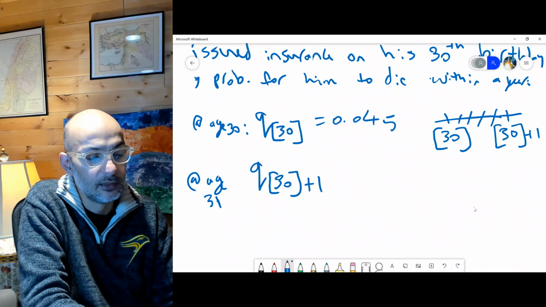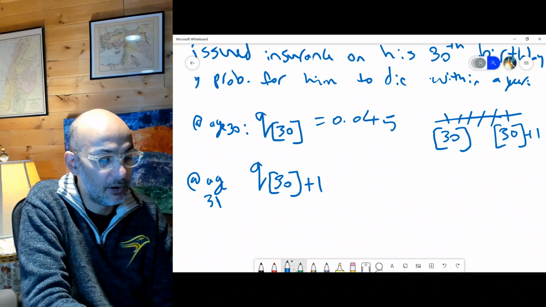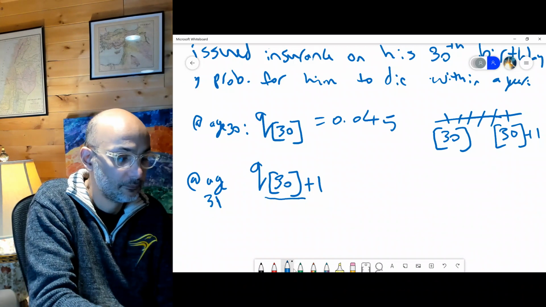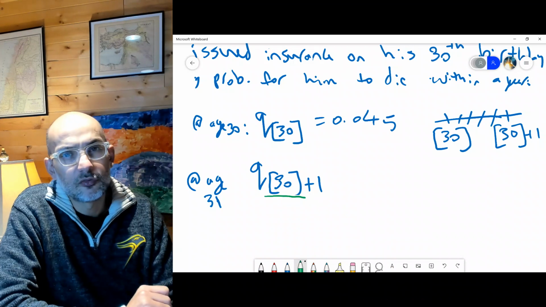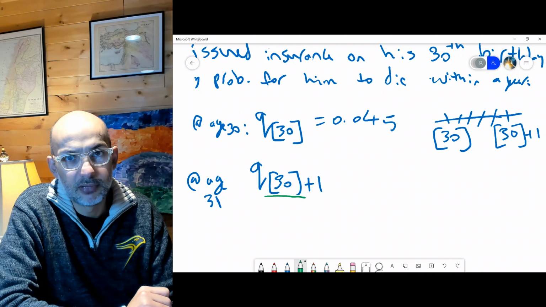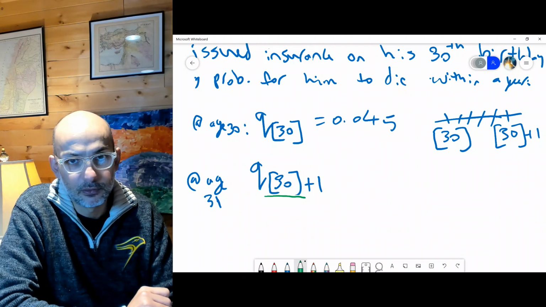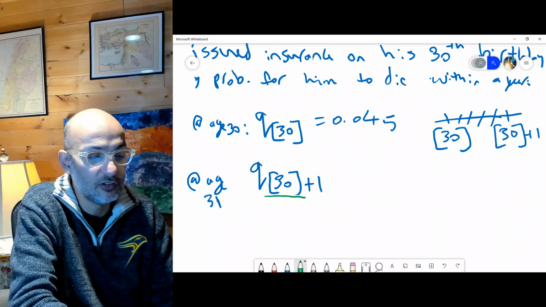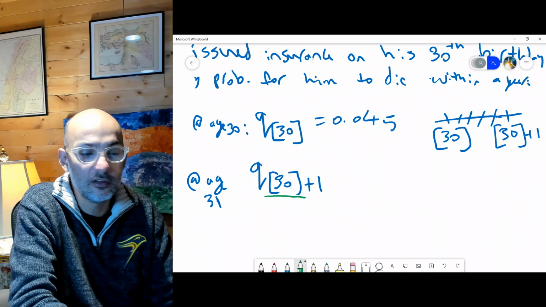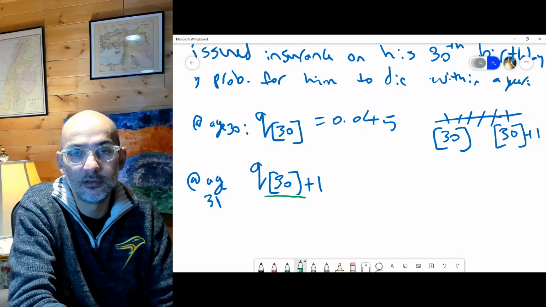When you read it, you say: somebody at age 30 was issued a policy on his birthday, and today his age is 31. So what is the probability for that person, who was issued insurance at age 30 and is now 31, to die within a year?